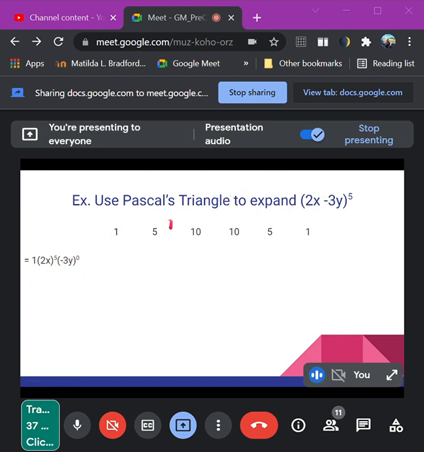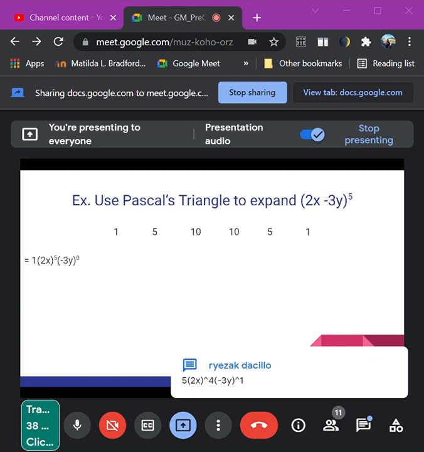Now, for your next term, what is the next coefficient? You have 5. So what will happen to your x or y?